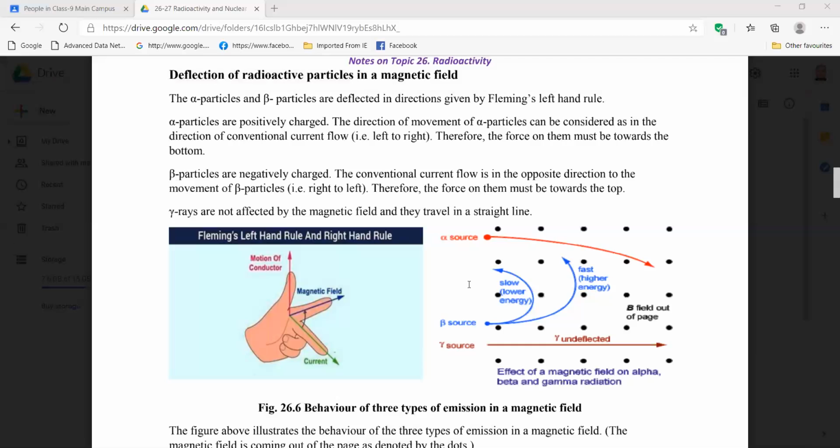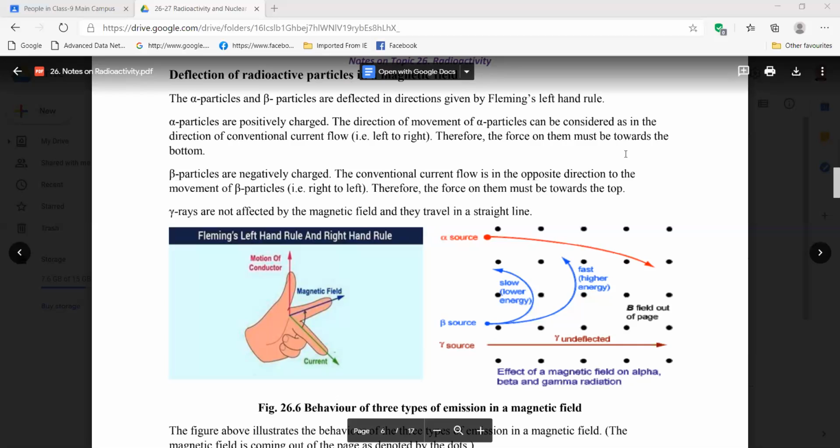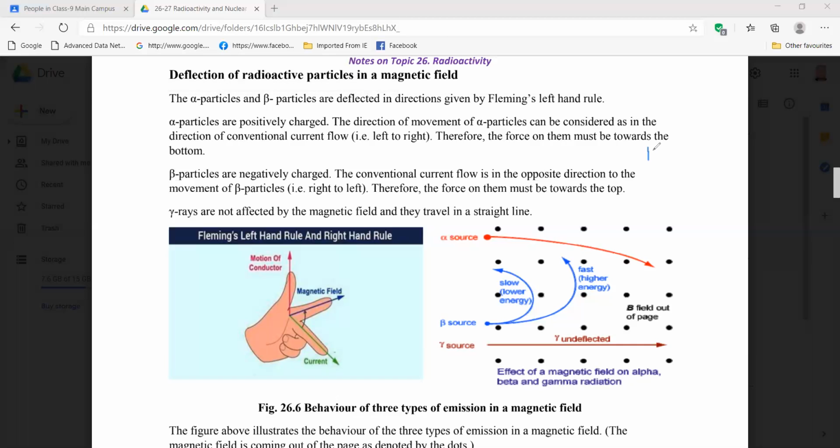Alpha means positive, right? You know about the current. Current is always going from positive to negative according to conventional current flow. Can you remember that one? In our circuit diagram, we got it in which topic?